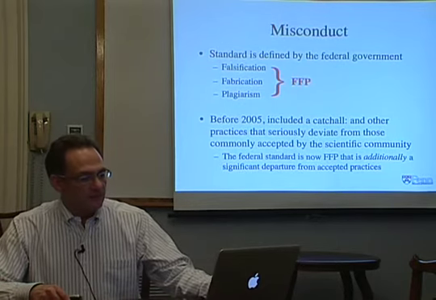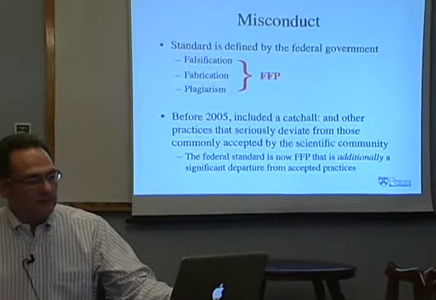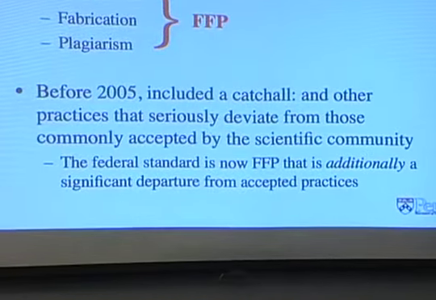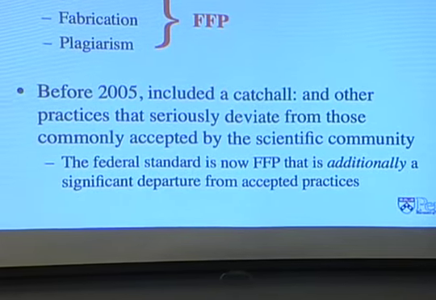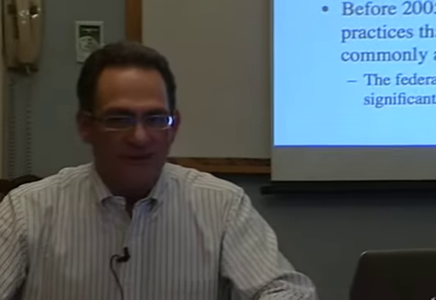So the federal standard, and it's worth commenting about, is that before 2005, the federal standard included a catch-all phrase that said, and other practices that seriously deviate from those commonly accepted in the scientific community, right? So arguably, if you did something else that really violated these norms of the scientific community, you could be charged with misconduct. And there was a fairly influential little paper written in Science some years ago, by Shackman, who pointed to a case where a professor had slept with some graduate students, committed harassment, was criminally answerable under state law for harassment, and his institution convicted him of scientific misconduct.